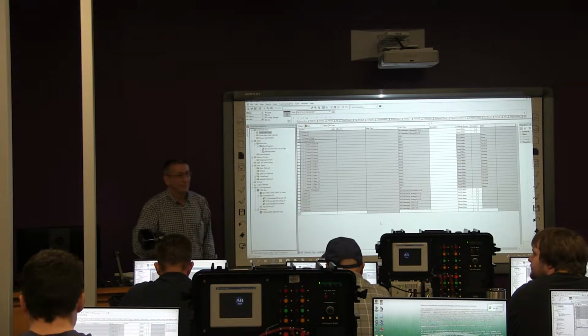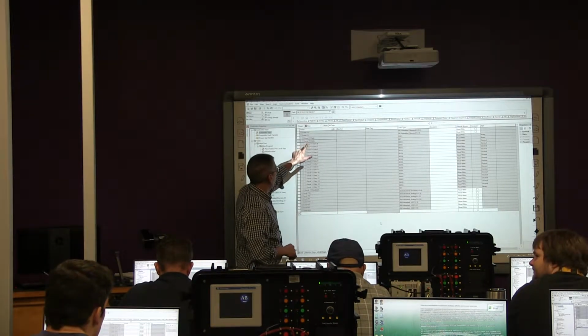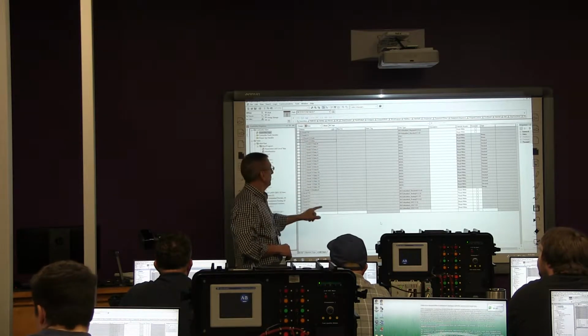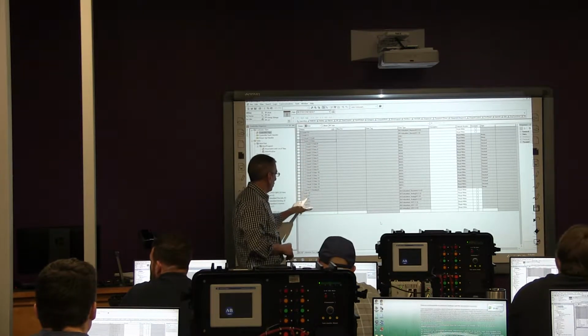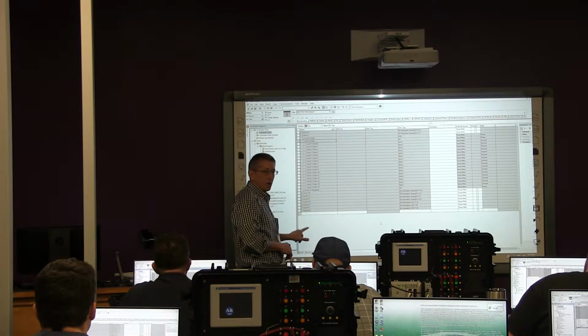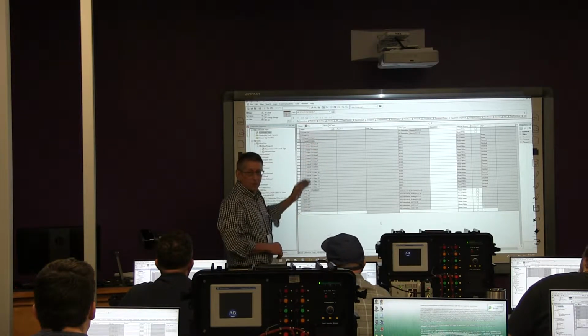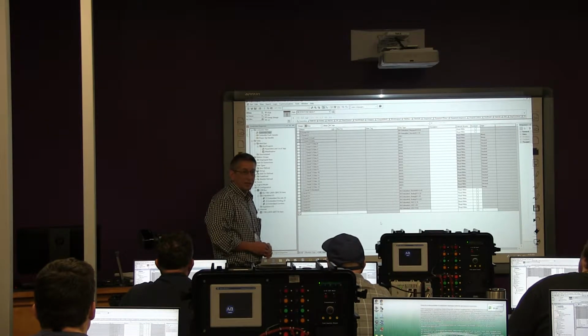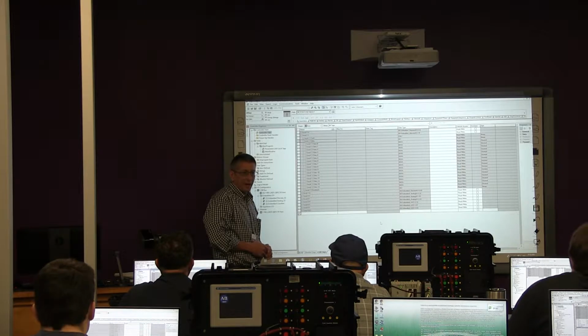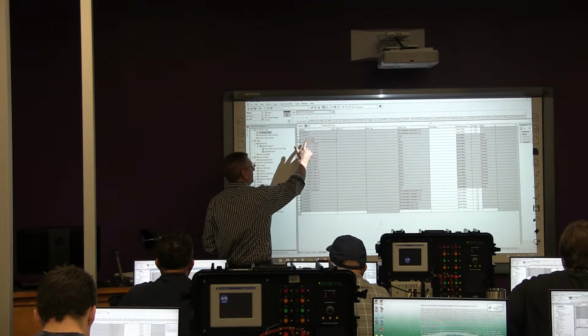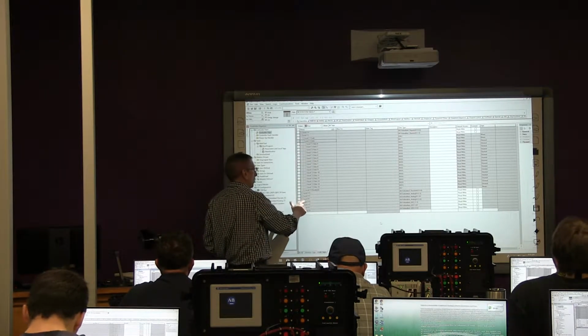Right. That's right. So it says local:1, local:2, local:3, and so on. What's the next part of that tell us? What's the 1? It's the slot number, right? Yeah. Local 1, local 2, local 3.